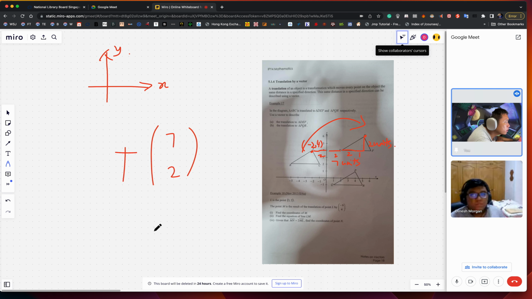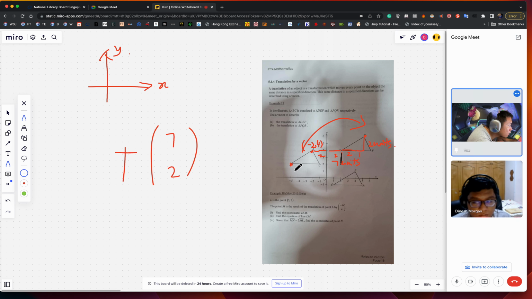Do you have the answers to it? Not given the answer. Never mind. So we just look at point B again, from -5 to 2. So this is 7 units to the right and 2 units up.